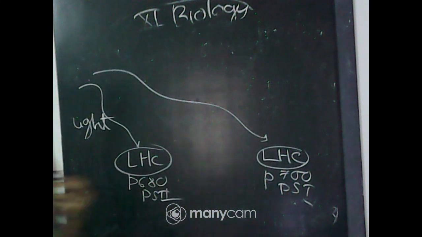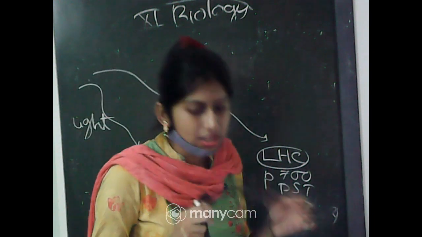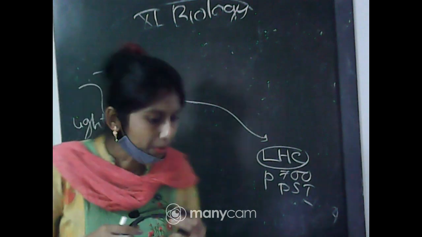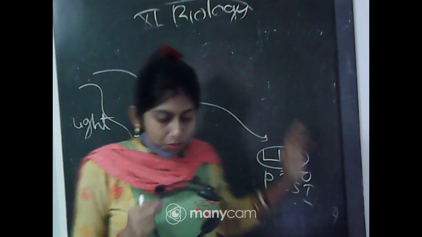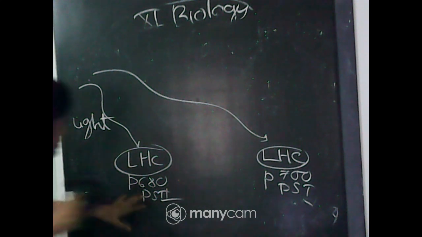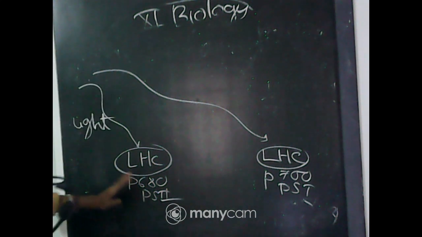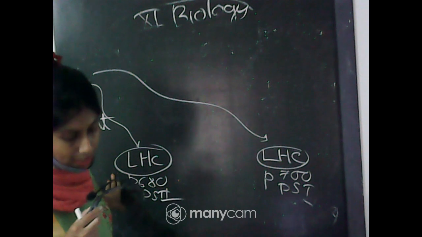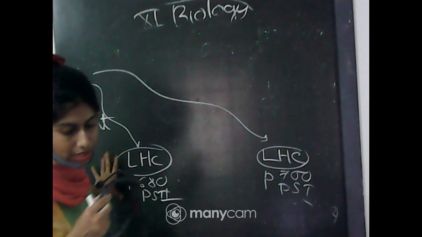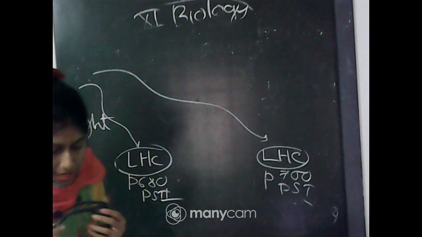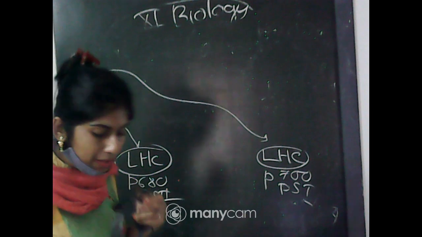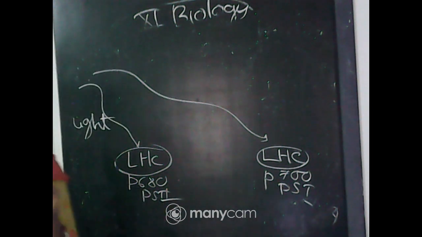The next main part is non-cyclic photophosphorylation, or the transport of electrons. In photosystem 2, the reaction center chlorophyll A absorbs 680 nanometer wavelength of red light, causing electrons to become excited and jump into an orbit further from the atomic nucleus.